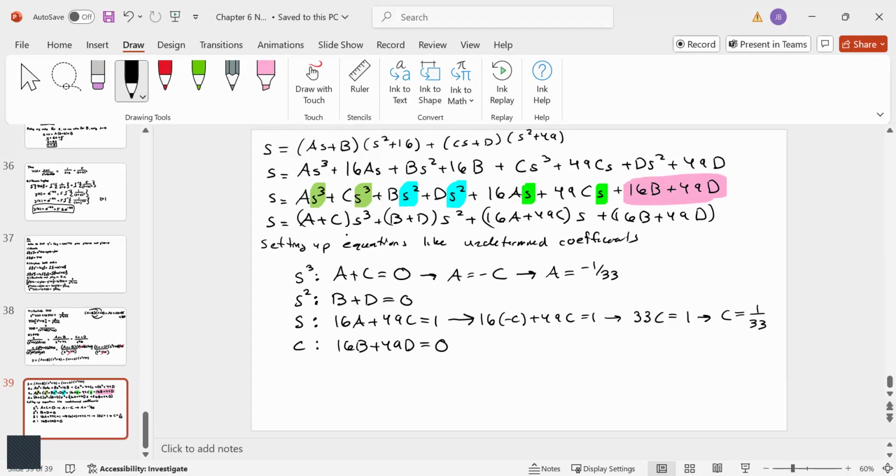And then if you do it right here, b is equal to negative d. Then this implies 16 times negative d plus 49d is equal to 0. I get 33d equal to 0, which means d is equal to 0.